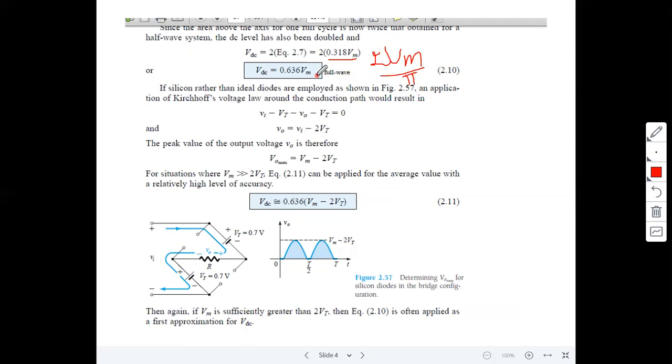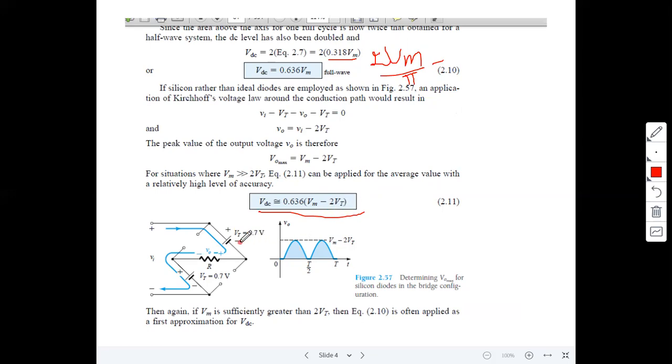If we consider practical diodes with cut-in voltages, the maximum DC voltage is 2 Vm by pi minus 2 Vt, that is 0.636 Vm minus 2 Vt.